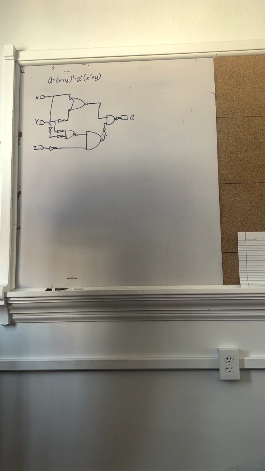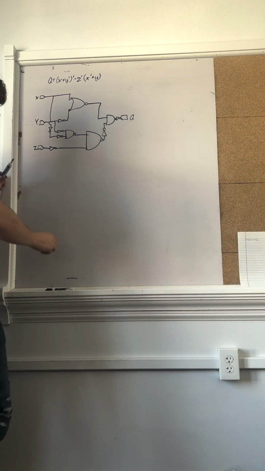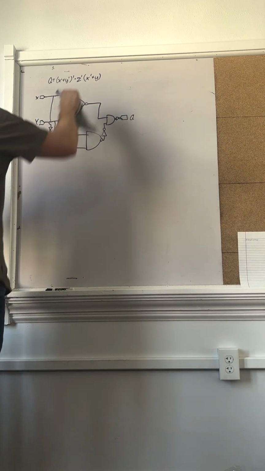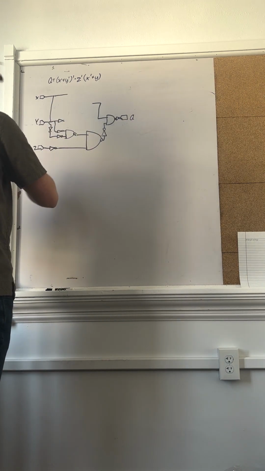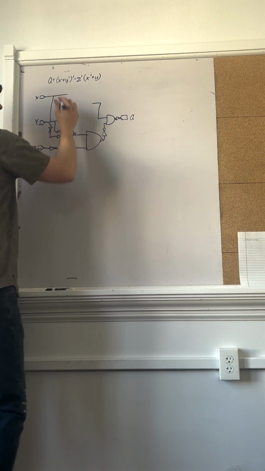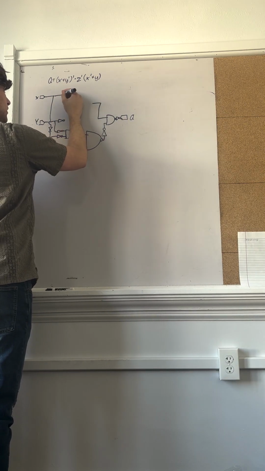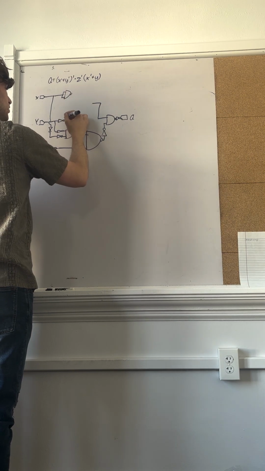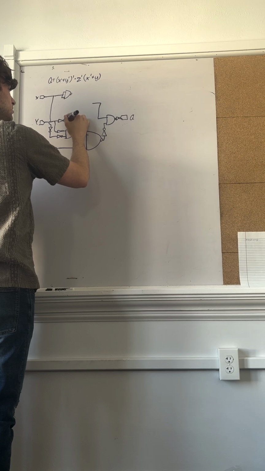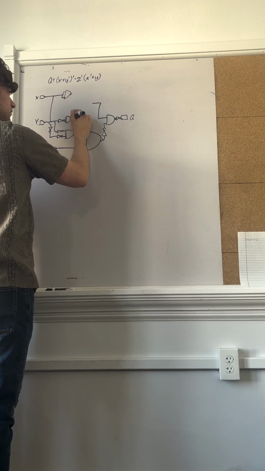The truly difficult one is going to be the NOR gate. So this one's actually going to require a decent amount of rewriting. In order to do this, we first want to take both of our values and put them with themselves through a NAND gate. So, we're going to write it like that.